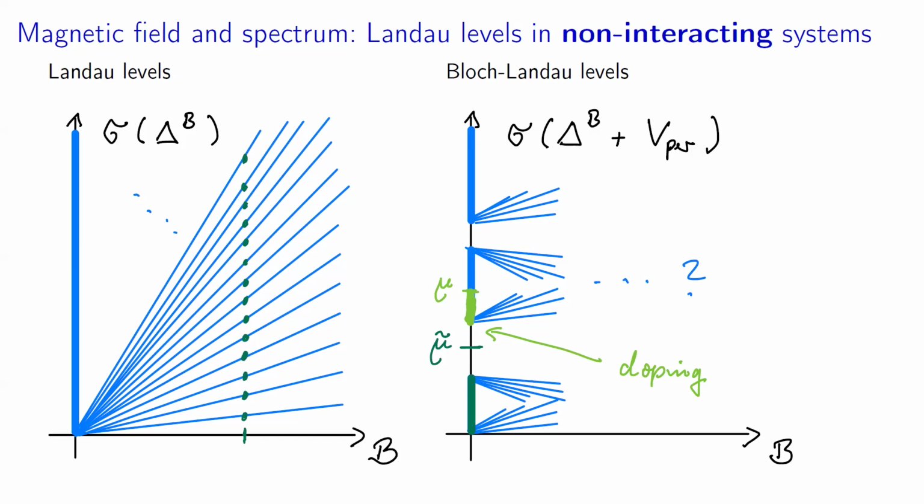That means that the lowest band or the lowest bands are completely filled with electrons. Remember, we have the non-interacting picture, and the next band is empty. However, then we add the doping in the lower layer, so we get excess electrons which go into this system, and they fill up part of the next Bloch band. That's the idea.